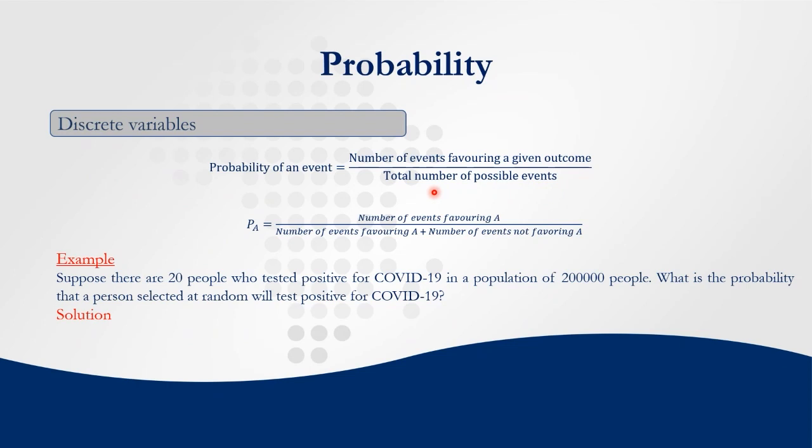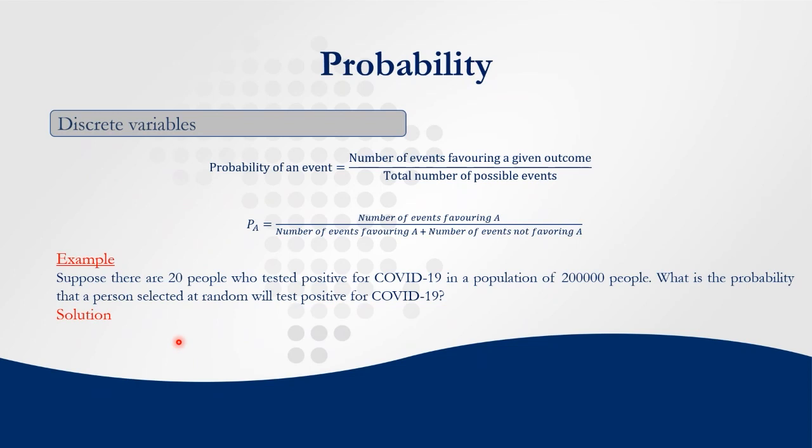In that example, we only have 6. It can land on a 1, 2, 3, 4, 5, or 6. So the denominator is A plus the number of events not favoring A. The 1 is landing on a 1, and the 5 is the cases where it lands on 2, 3, 4, 5, 6, which is when it doesn't land on 1 in my example.